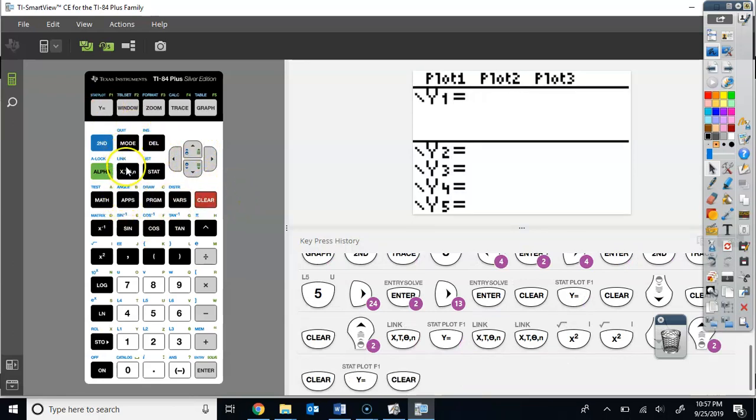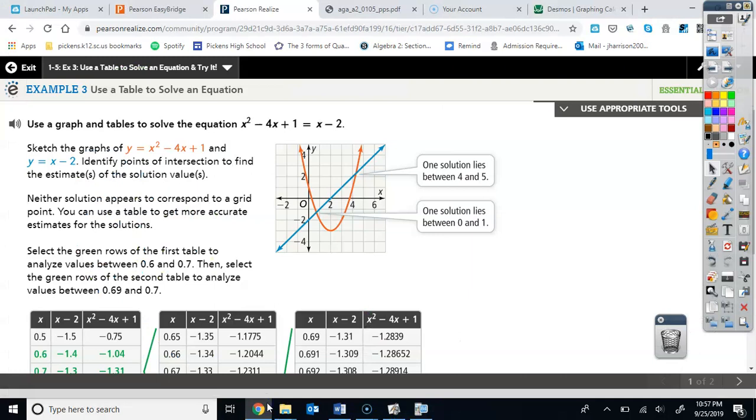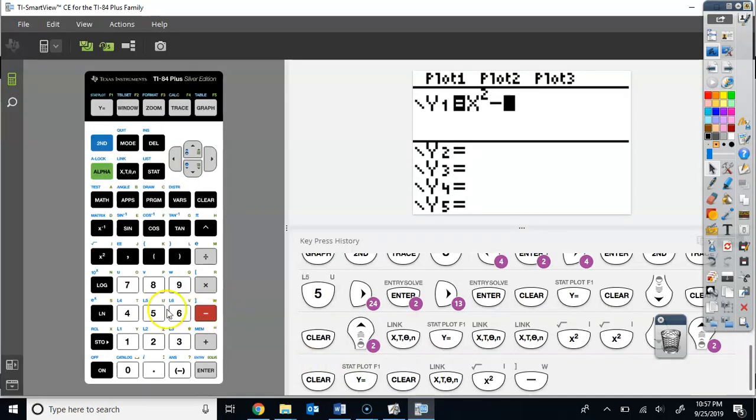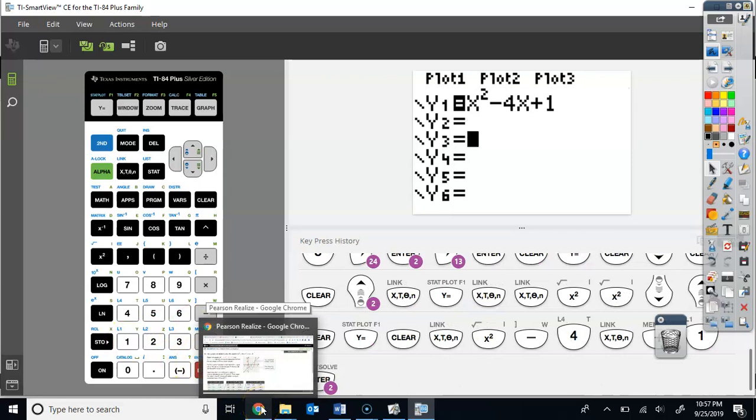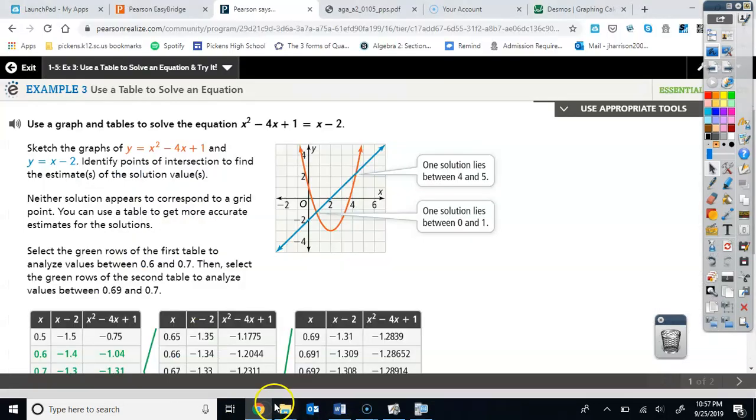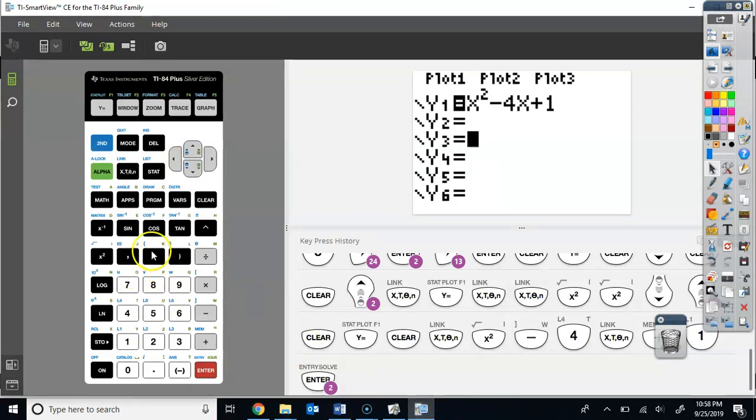Let's try it again. X squared, then we've got minus 4x plus 1. That's my first equation. My second equation was x minus 2, so we type in x minus 2.